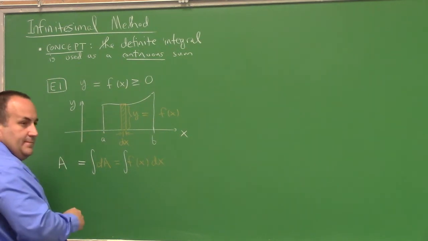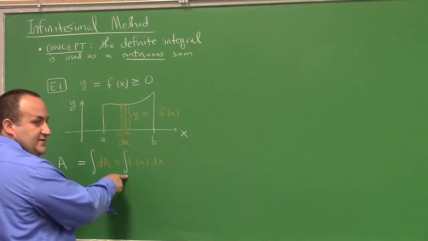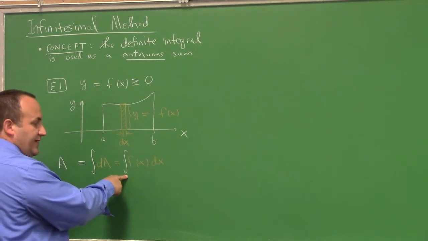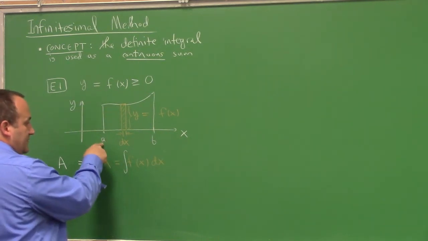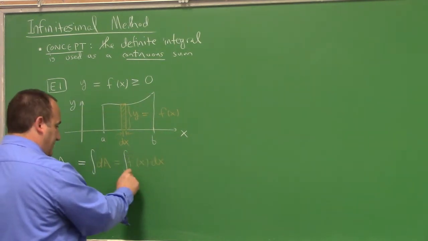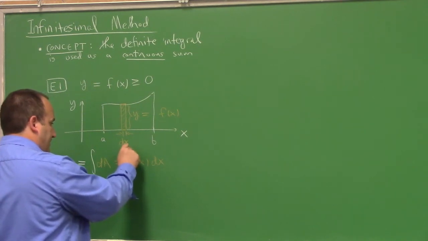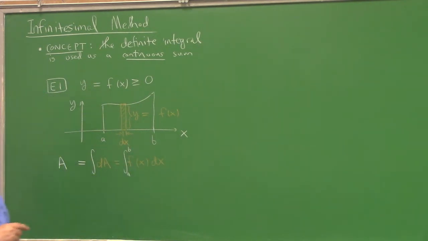And on the other side, to be reasonable, we have to integrate over the appropriate range of x, which here is A to B. Of course, we have talked about this before. This is the basic application of the definite integral, but I wanted to show you how we can also understand it from this infinitesimal method.